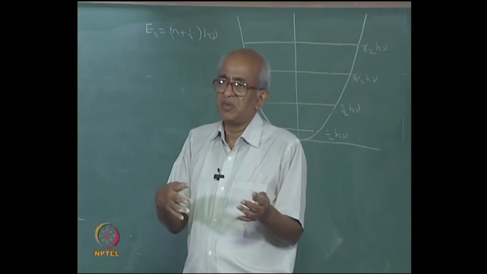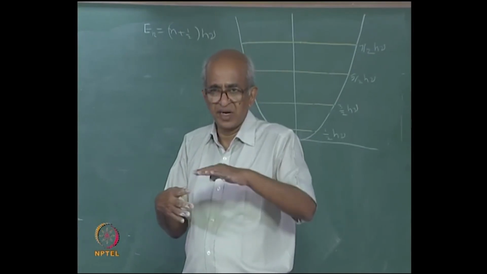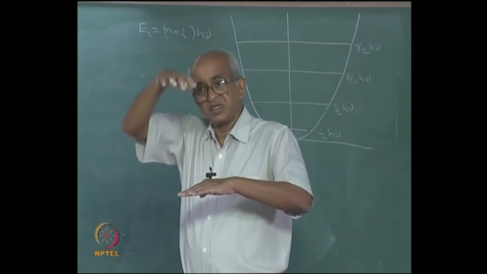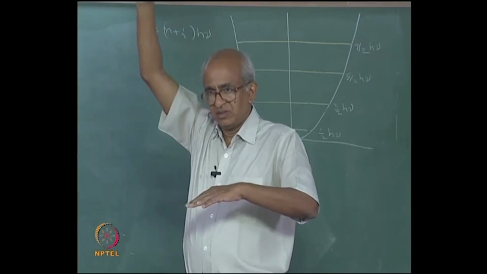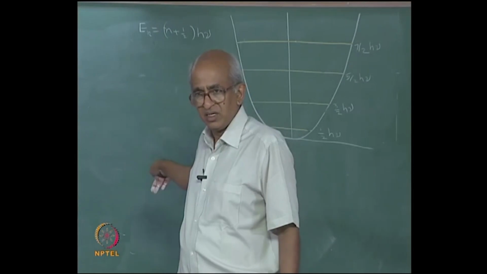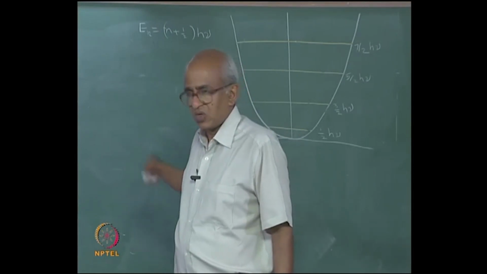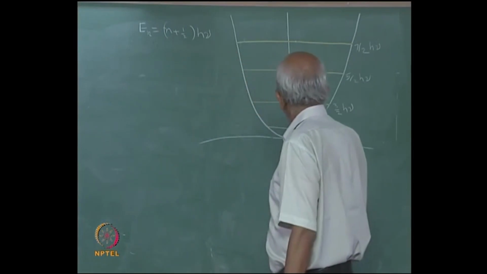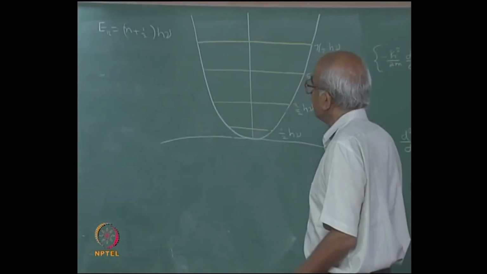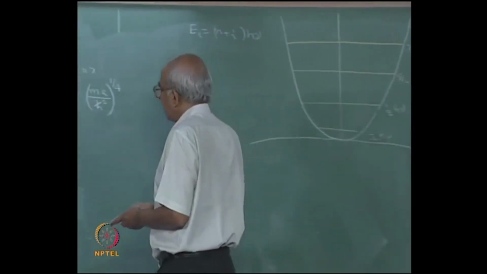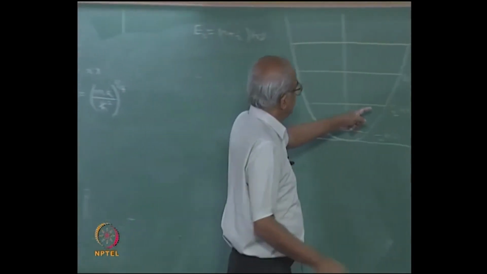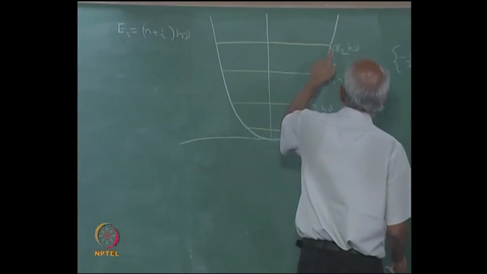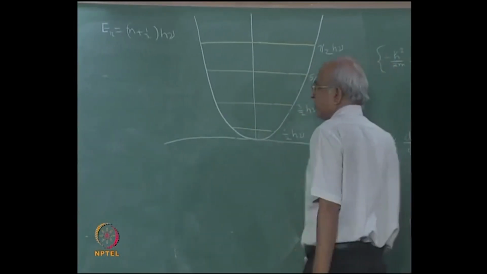If you remember, in the particle in a box, you had energy levels, but the spacing between them was increasing as you went up. Here the spacing is actually the same. So, when n is equal to 1, as I told you, the energy is 3 by 2 h nu, n is equal to 2, 5 by 2, then 7 by 2, and so on.